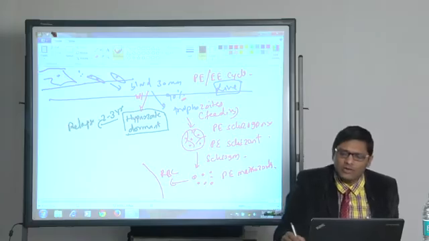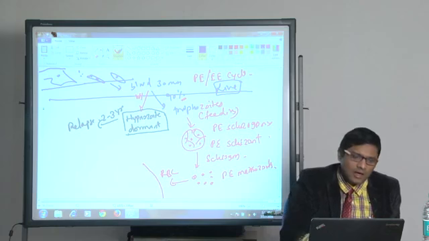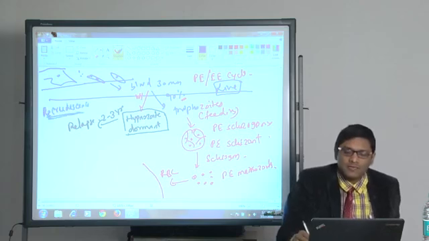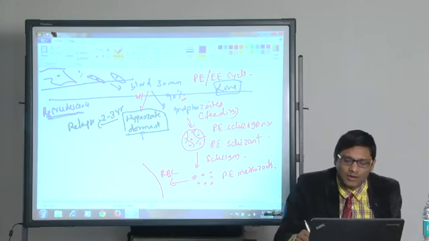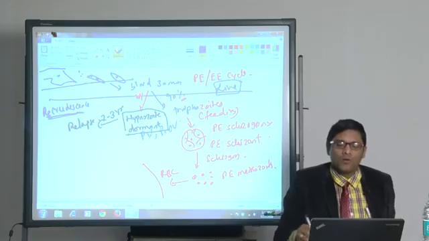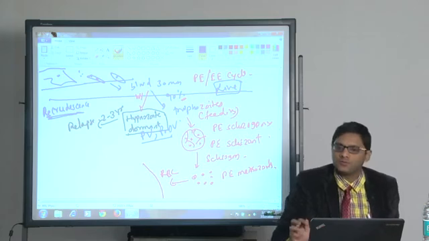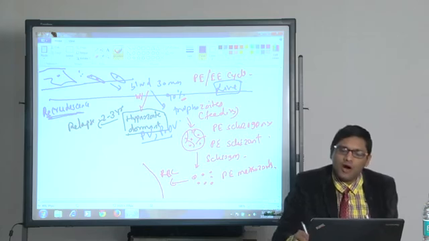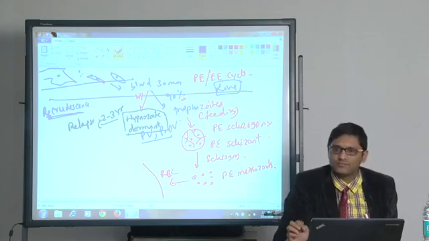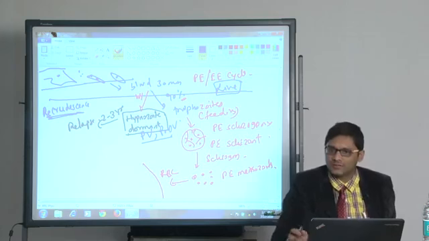Can you tell me how relapse is different from recrudescence? Please remember, the hypnozoite stage is seen only in V for vivax and ovale. Only in vivax and ovale 10% will become hypnozoites. In falciparum all will become trophozoites. There is no hypnozoite in falciparum.